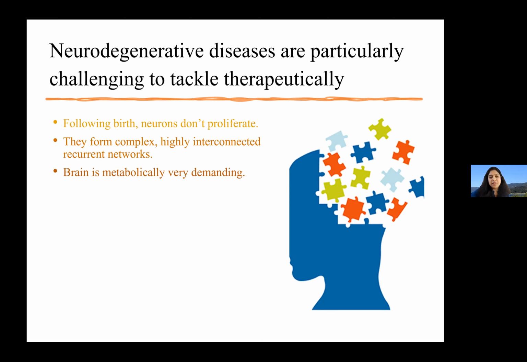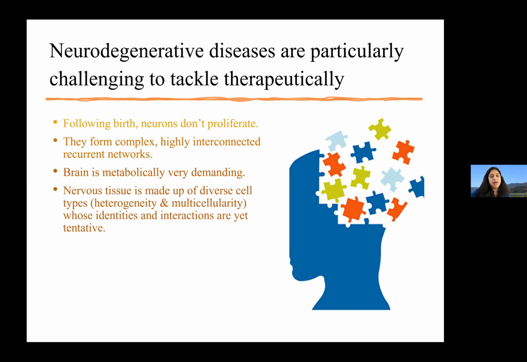Also, the brain is metabolically very demanding, and the nervous tissue is made up of very diverse cell types, which we don't completely understand yet. So their identities and their interactions are tentative. That makes it harder to apply therapies in a meaningful way.